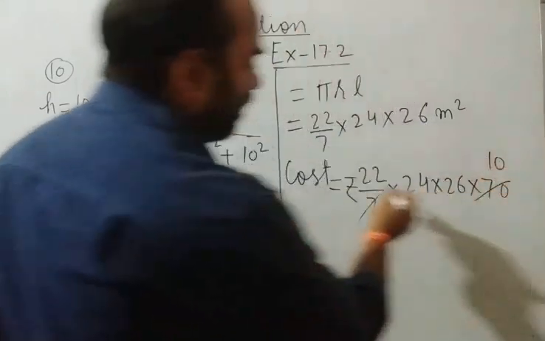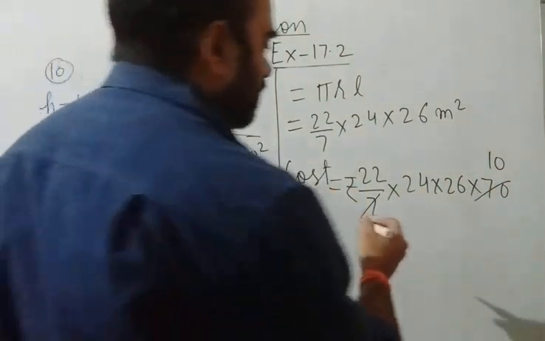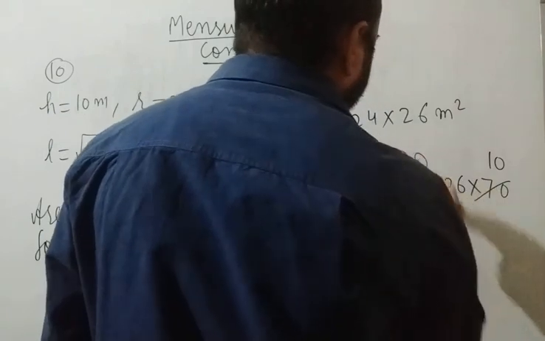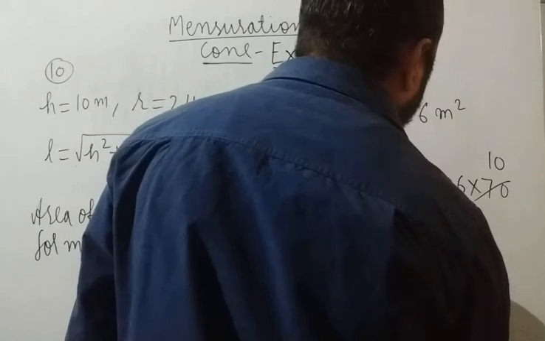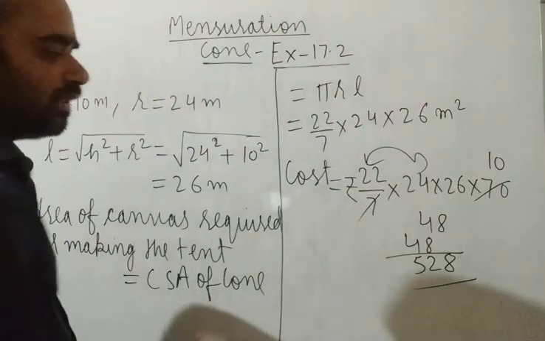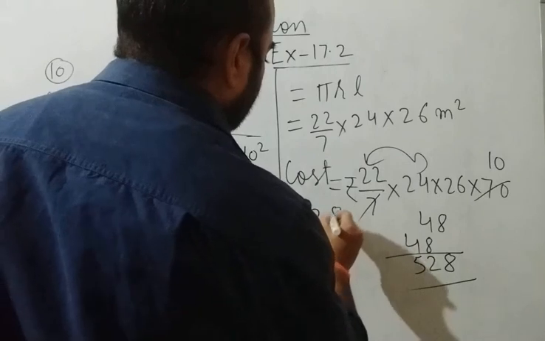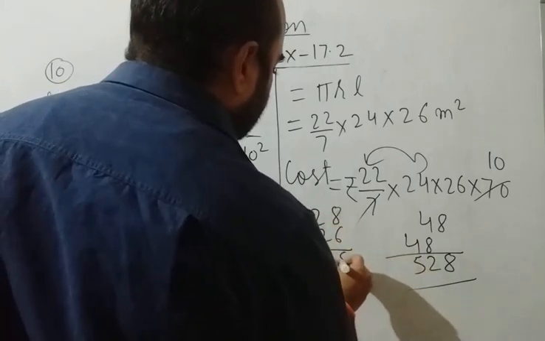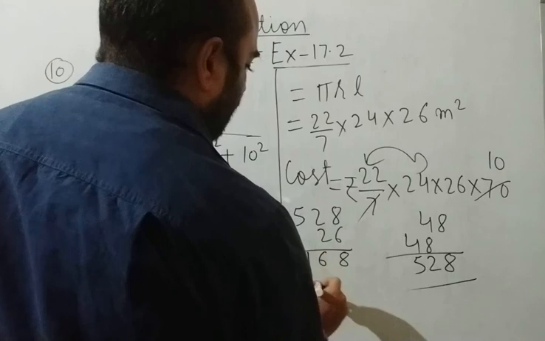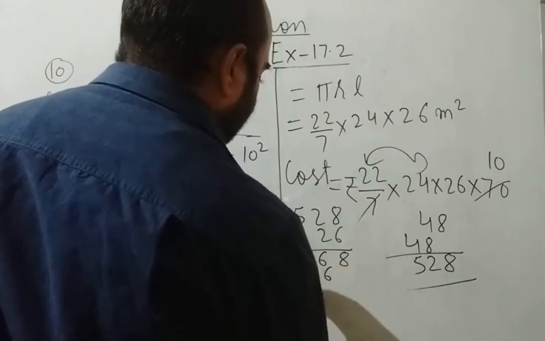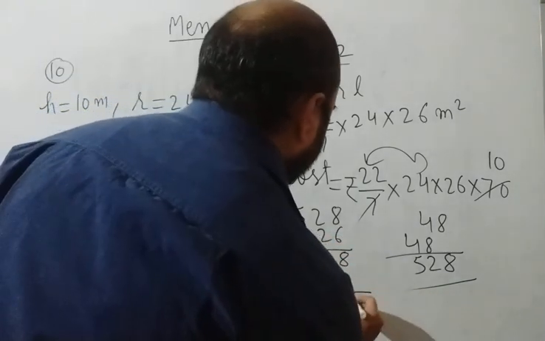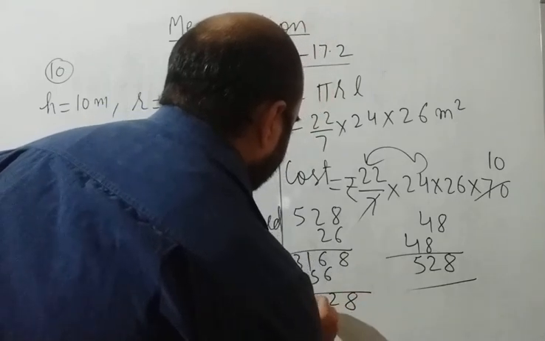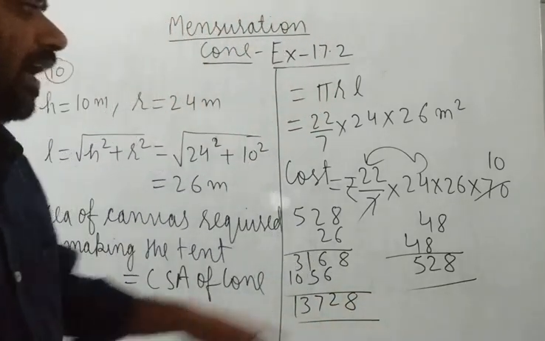Correct? Now we have to multiply. First these two, 48, that is 528. Correct? Then 528 into 26, and 10 is also there.